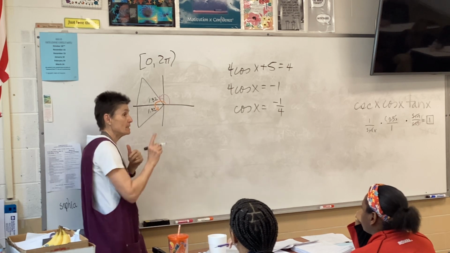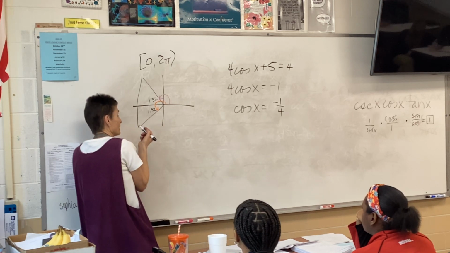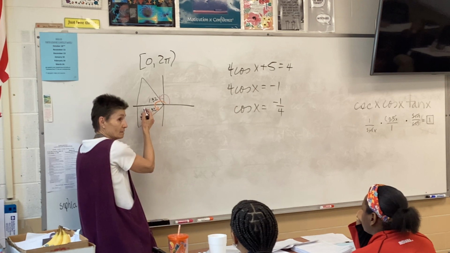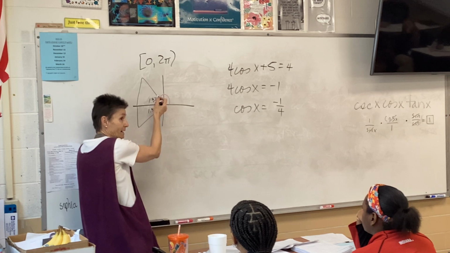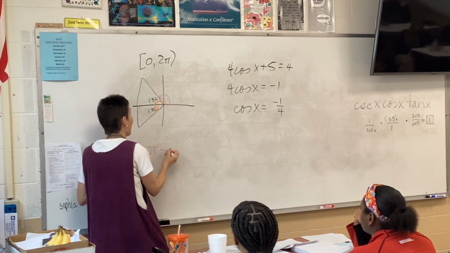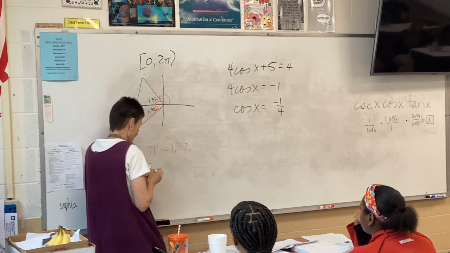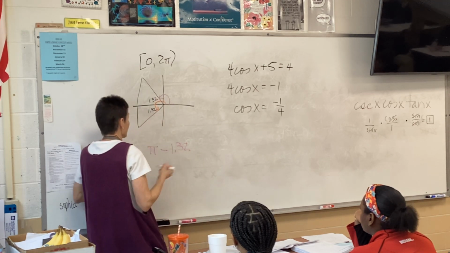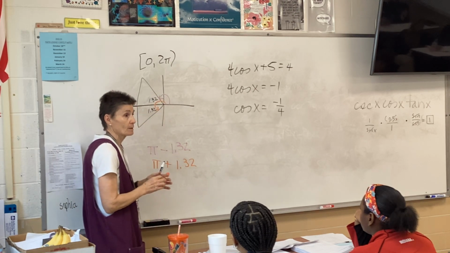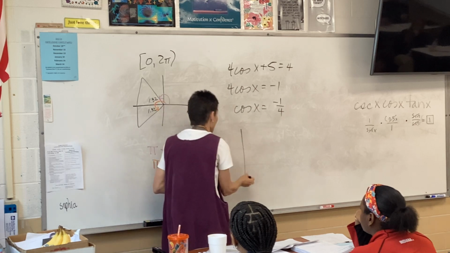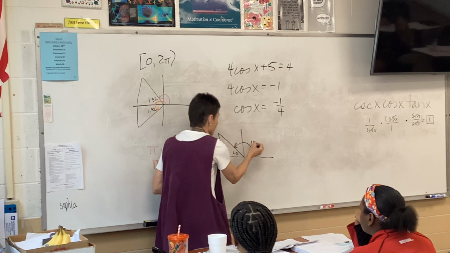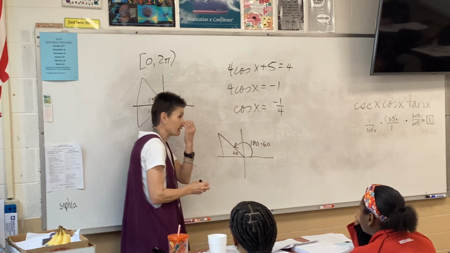Okay? Now, I said a minute ago 180 minus. Well, I can't do 180, I'm going to have to do pi. Pi minus. So my pink angle is pi minus 1.32, and my orange angle is pi plus 1.32. Now, guys, don't you dare be confused. When this was a 60, you told me that angle would be 180 minus 60, and you are exactly right.